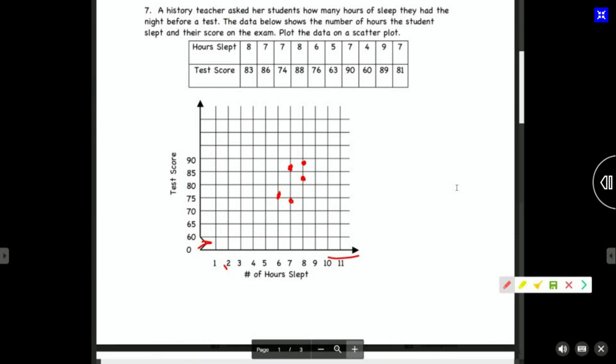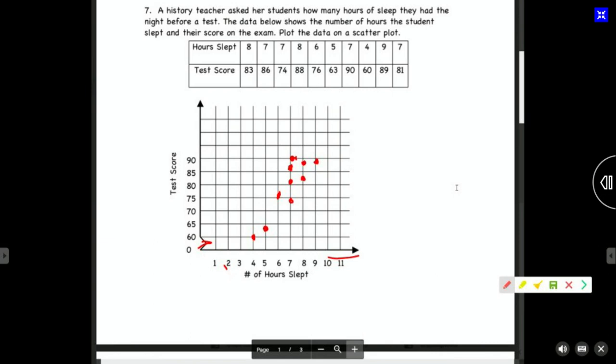Okay. 5 and 63. 7 and 90. 4 and 60. 9 and 89. 7 and 81. Got lots of sevens there, don't we?